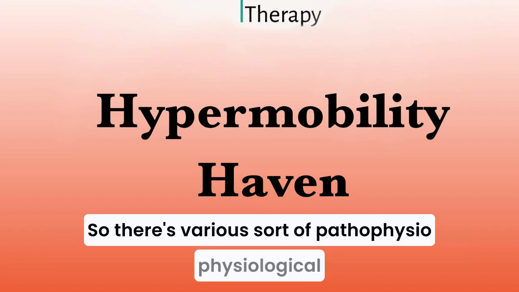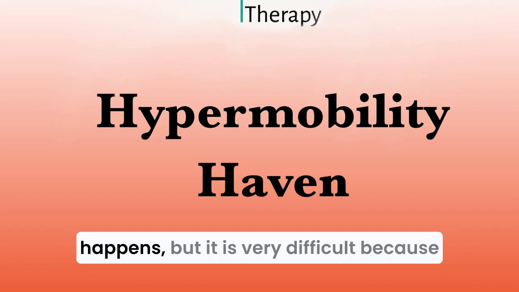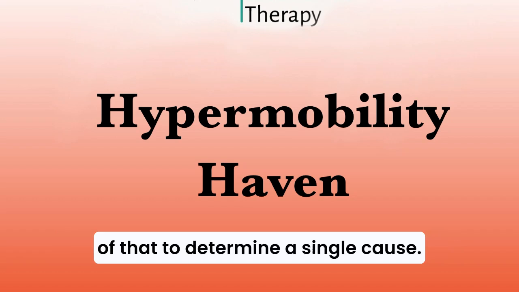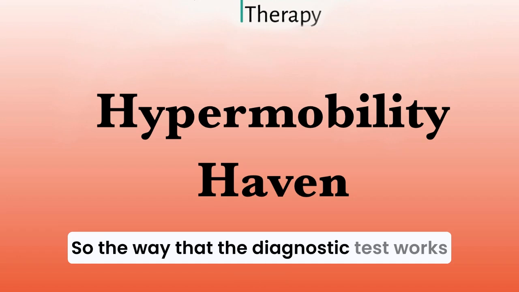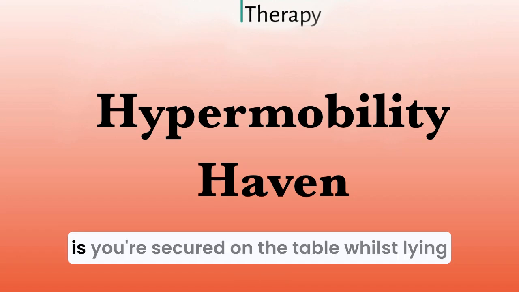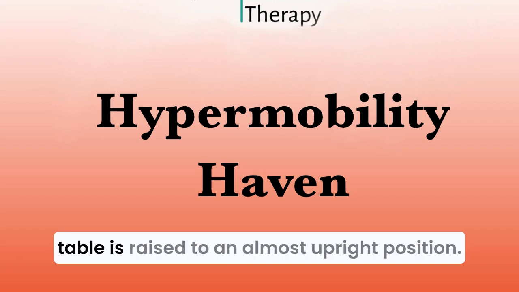Yeah, so there are various pathophysiological mechanisms by which POTS happens, but because of that it is very difficult to determine a single cause. Yeah, definitely. And POTS is diagnosed using the tilt table test. The way the diagnostic test works is you're secured on the table lying flat, and then the table is raised to an almost upright position.